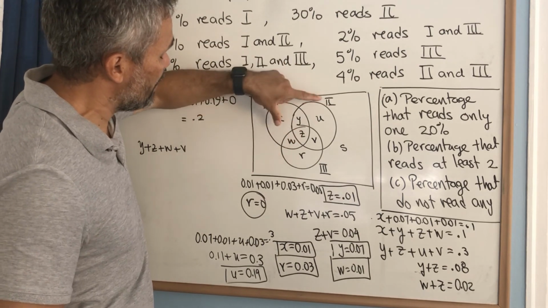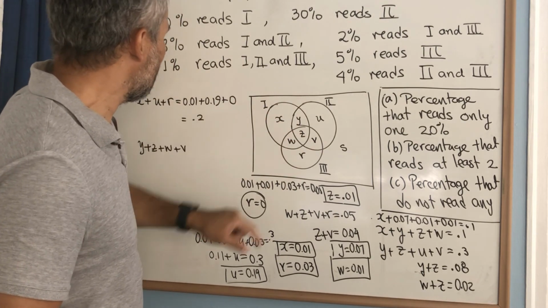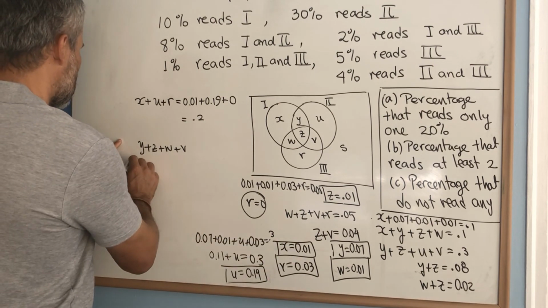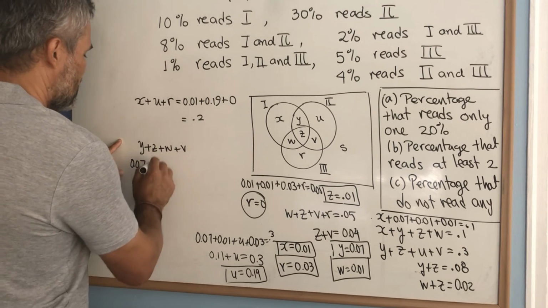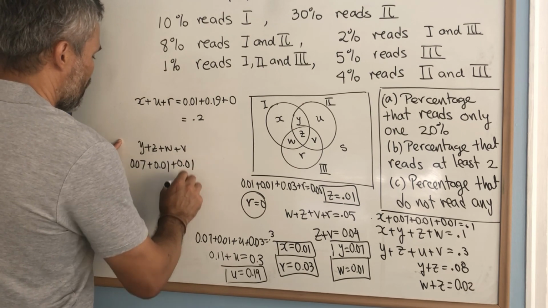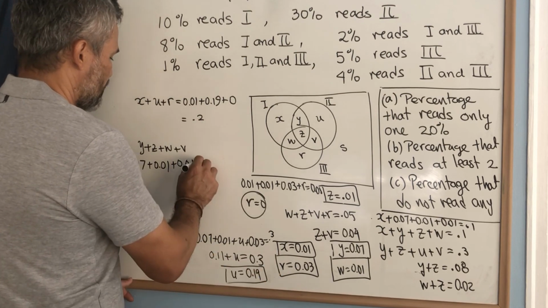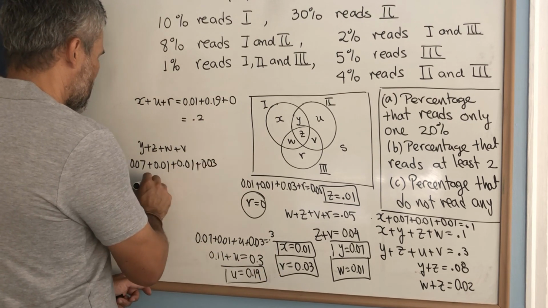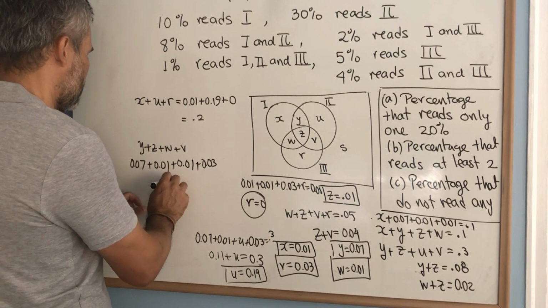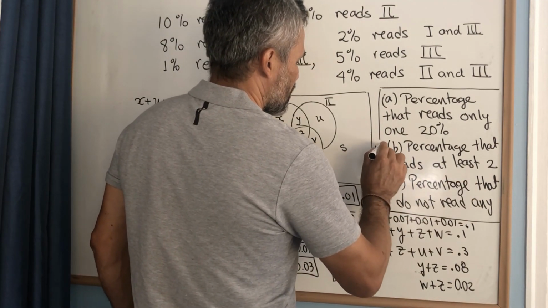Actually, C reads 3 as well, but at least 2 will be Y and C, W and C, and V. Then in this case, the answer would be Y is 0.07 plus C 0.01 plus W 0.01 plus V, and V is 0.03. Then the answer would be 0.12. Then in this case, the answer for part B is 12%.